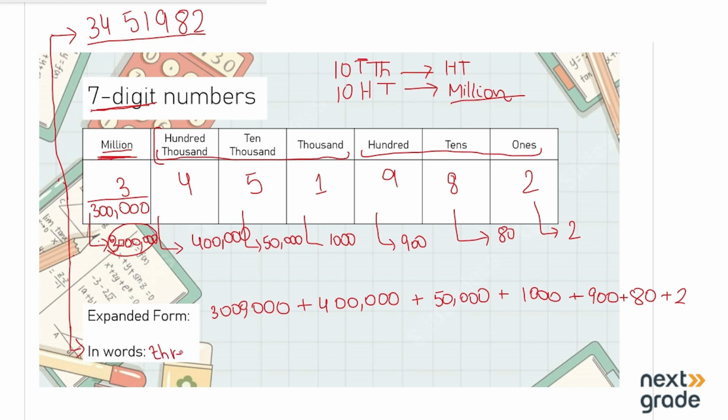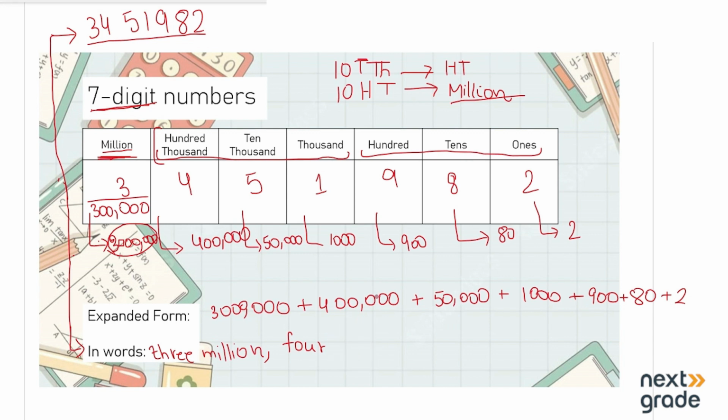3 million 451,000. Let's just erase it and then write it again.